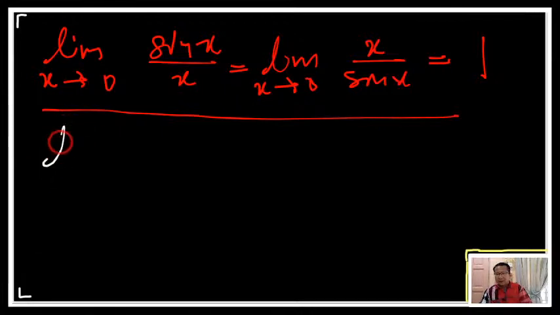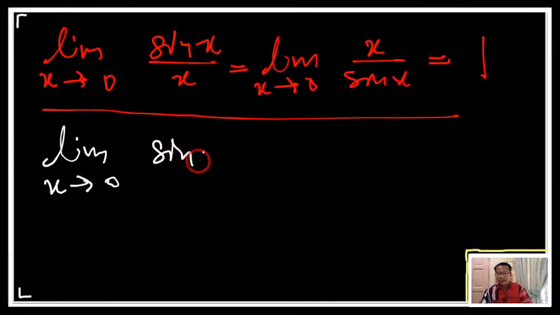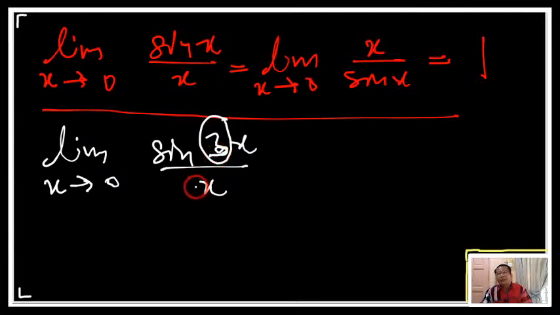So limit x approaches 0, sin 3x over x. Now we have a problem. This one is x over x, but now we have 3x over x. So you should get the same. Never ever change this one. This one will always be 3. You need to make this one become 3 also.